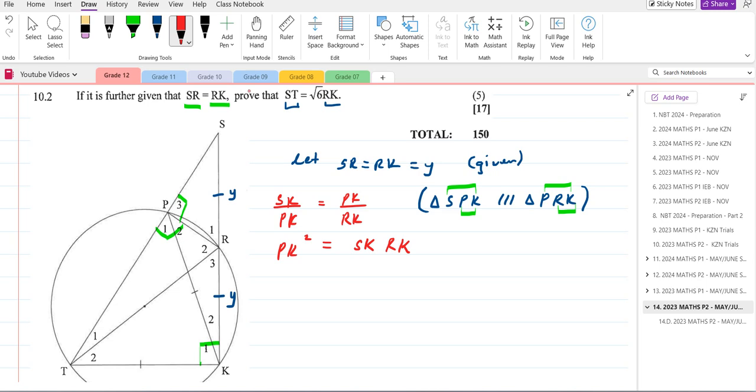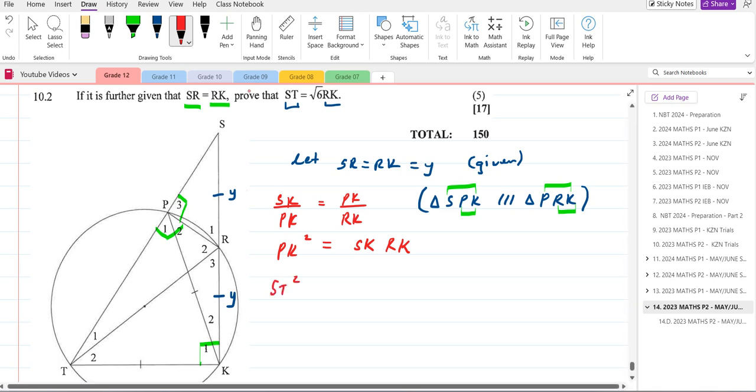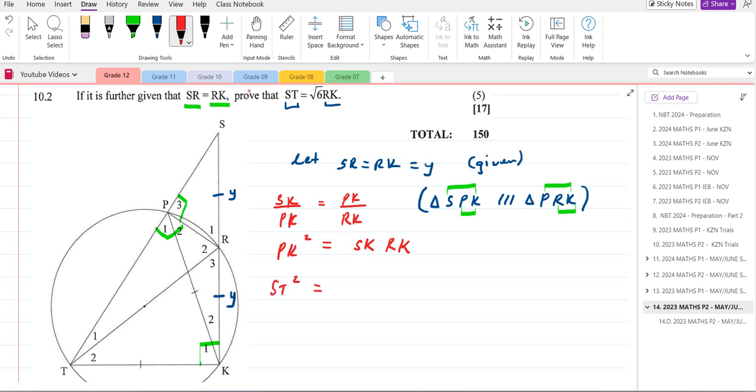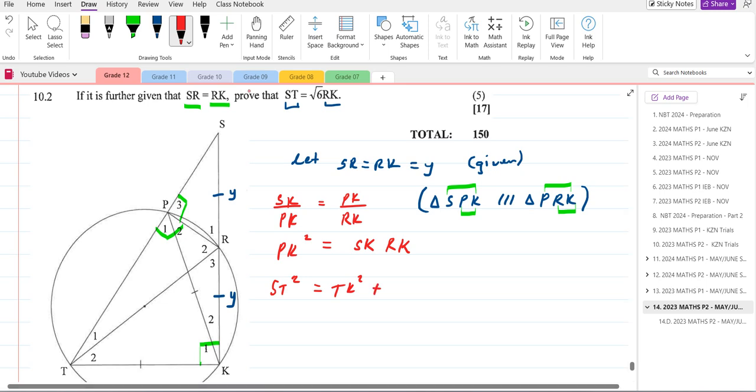So let's use Pythagoras in the big triangle. ST squared is equal to TK squared plus SK squared. That's Pythagoras theorem.